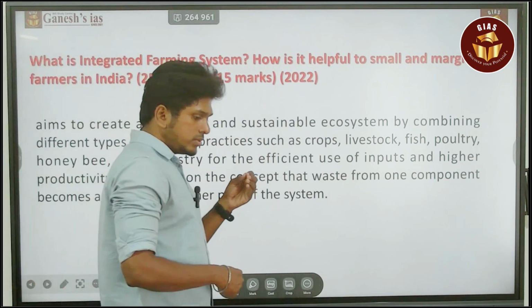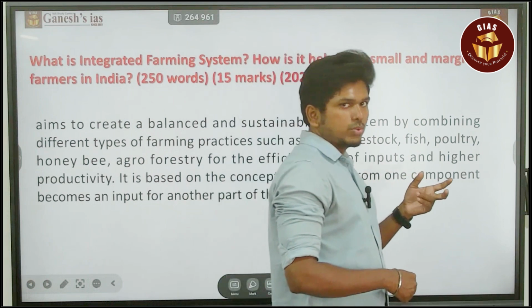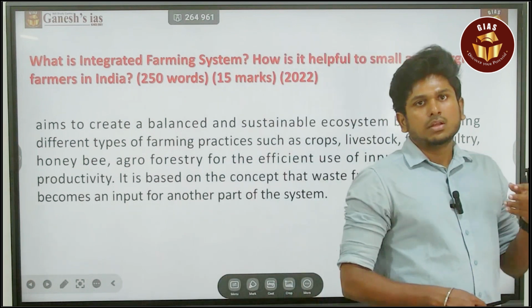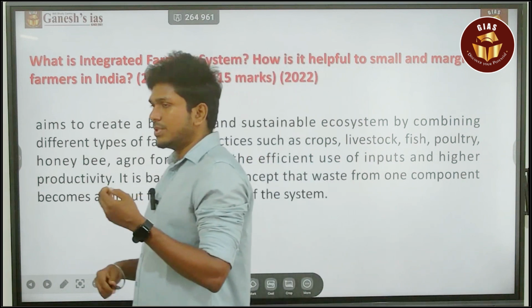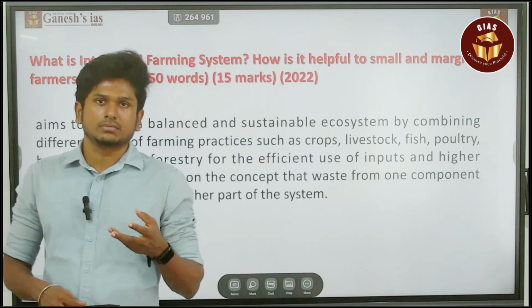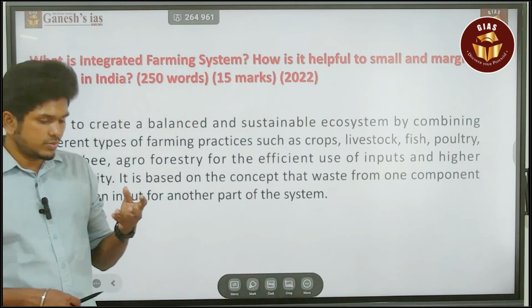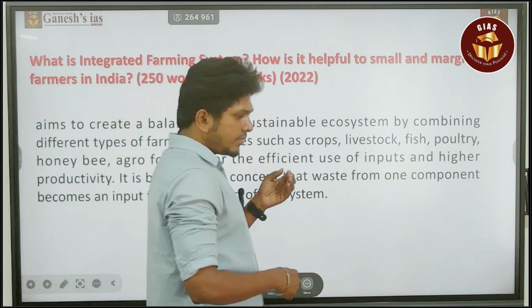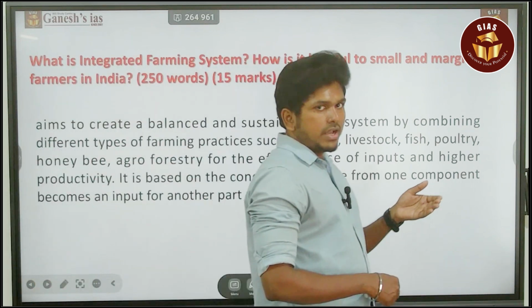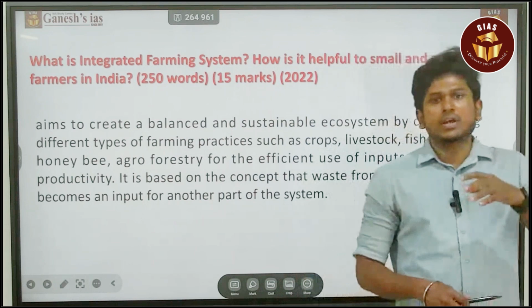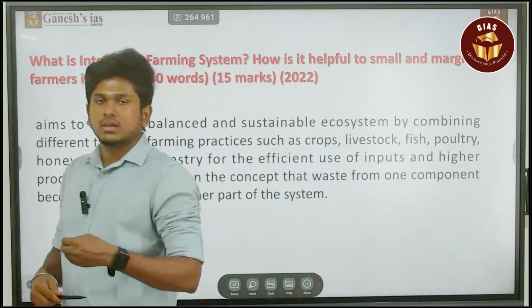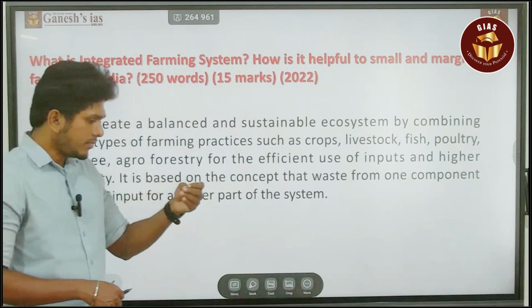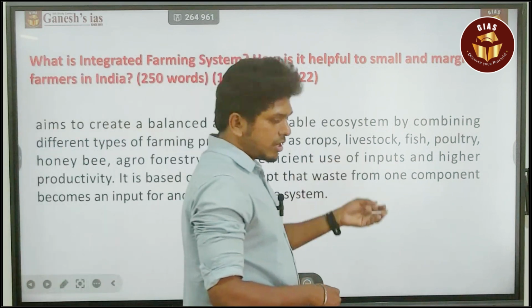Okay, so now we are going to discuss the intro part. The question is simply about what is integrated farming system. So you simply say what is integrated farming. Okay, which means it is the reduction in the input cost by using the wastages of any other things like poultry, or else from the crop production.